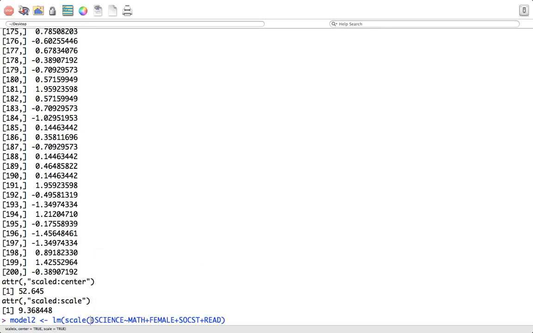All right, so I need the scale of science as a function of scale of math plus scale of female plus scale of social studies plus scale of read. Guys, I can get rid of all this stuff.